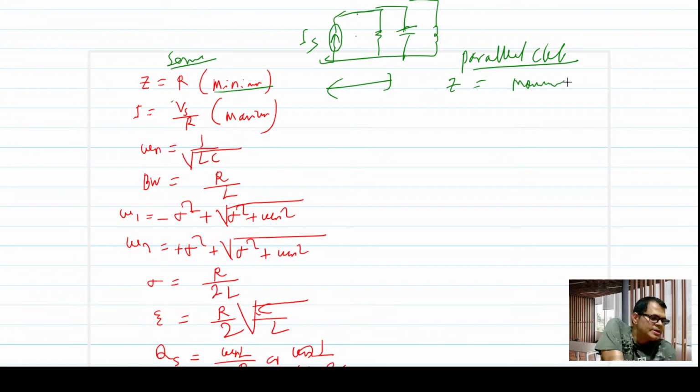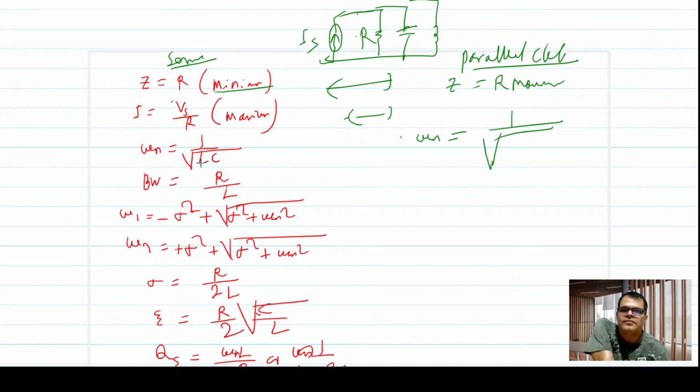If it is R, then Z will be R. The current will be maximum. Then omega n remains the same, I will prove it.